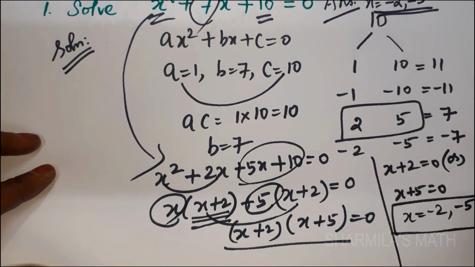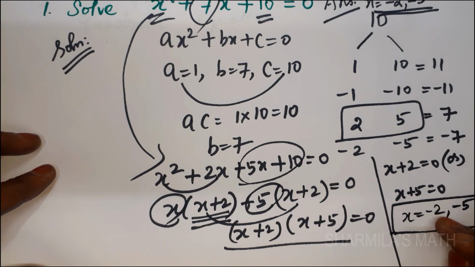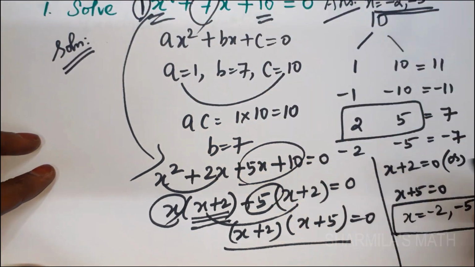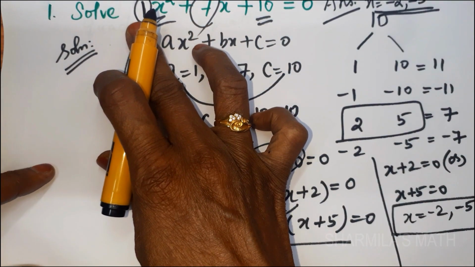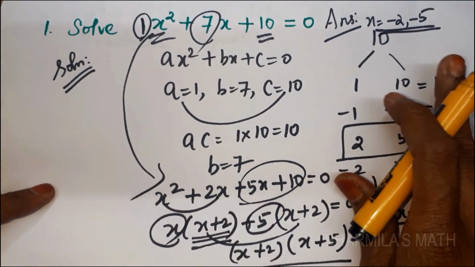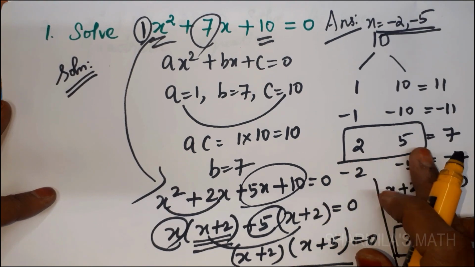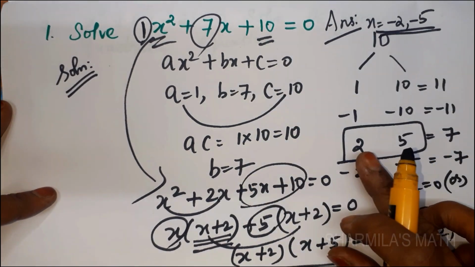Is that clear? So after factorization, we are getting the roots. I will tell you a shortcut method. This is applicable only when the x squared coefficient is 1, not for all the cases. When the x squared coefficient is 1, we have concluded that this 10 can be split as 2, 5.